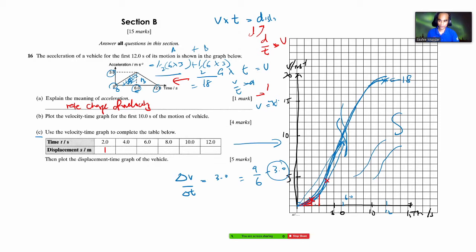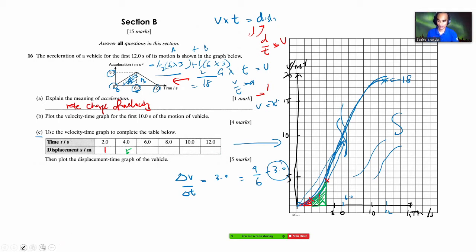So from 2 to 4, I use another color, this part only. Counting the area, we can see 1, 2, 3, 4, 5. I put 5. Your number will be a little bit different. You may have a 6 or maybe a 7. It depends on your graph. Okay.